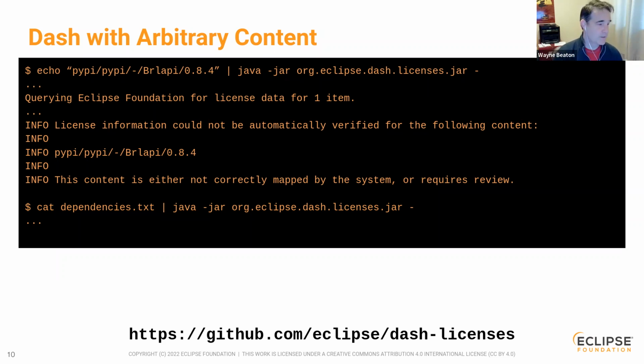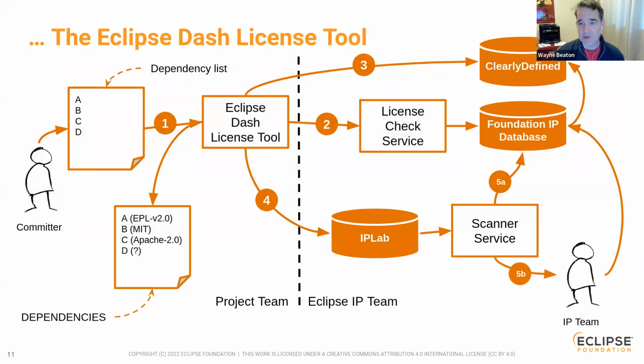Anyway, so how it actually works: the dash license tool runs on the committer workstation or on the build. We have a number of projects that have this incorporated into their builds. When it runs, it determines the IDs of the content that it's reviewing, and fires them at our license check service, which is running on Eclipse Foundation servers.